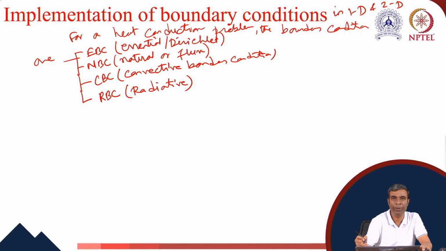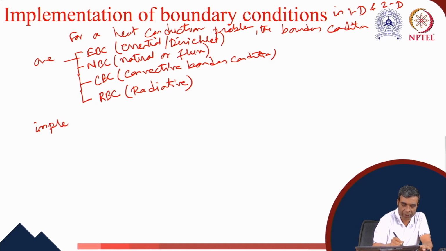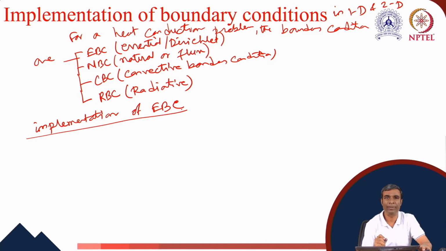So let us begin with the essential boundary condition. So first we consider implementation of EBC. We already mentioned that this EBC and NBC, they alter only the load vector at the element level. They do not modify the element level stiffness matrix, whereas RBC and CBC, they augment the element level stiffness matrix and upgrade the element level load vector.